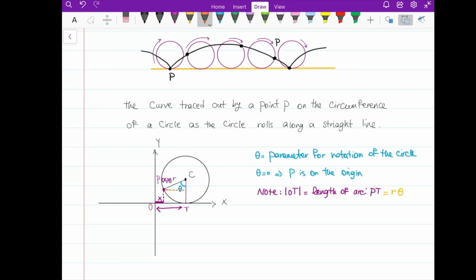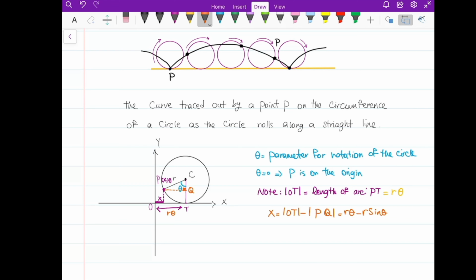Let me draw a right triangle here, and I'm going to call this vertex Q. The x coordinate of the point P is OT minus the length of PQ. We said that OT is equal to r theta, so r theta minus PQ. In the right triangle, PQ is r sine theta.